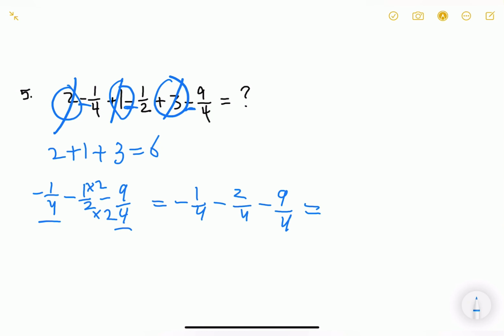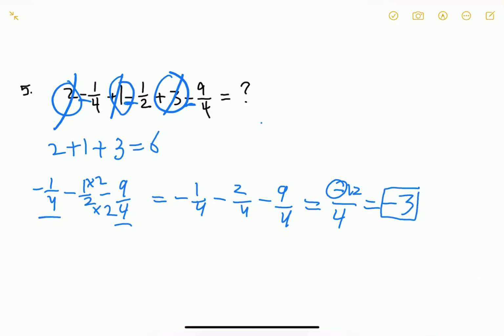Now we can simply subtract across. And then -1 minus 2 is -3 minus 9 is -12. And then how many times is 4 going into 12? 3 times. And we're left with a negative, so our final answer is -3.